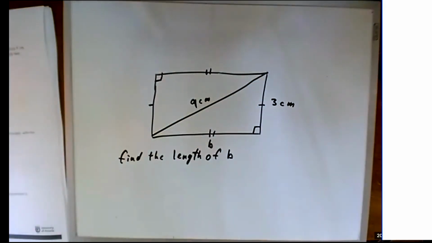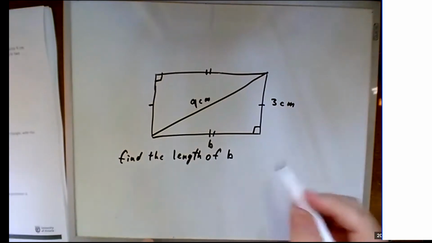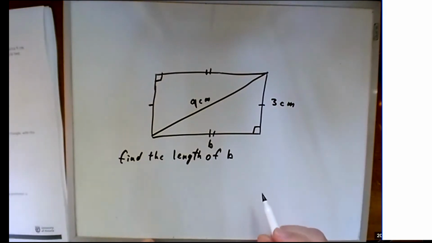So we're going to use the properties of a triangle to figure out B. We're going to use the Pythagorean theorem in this case.